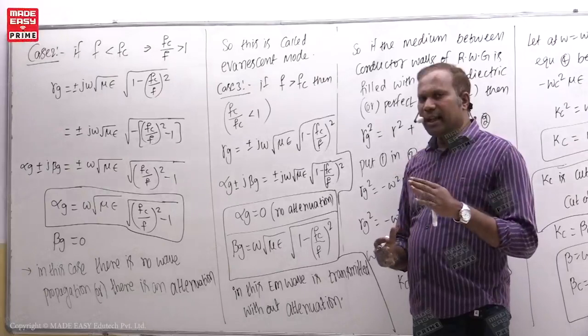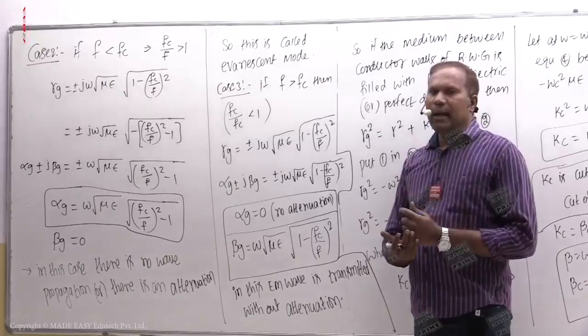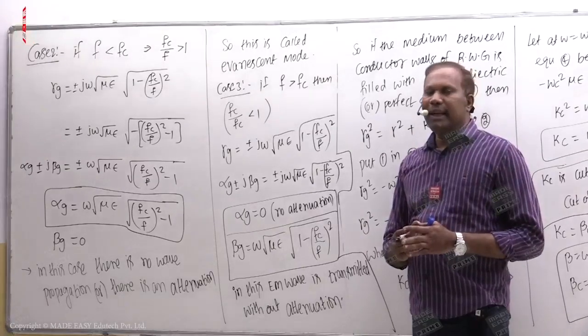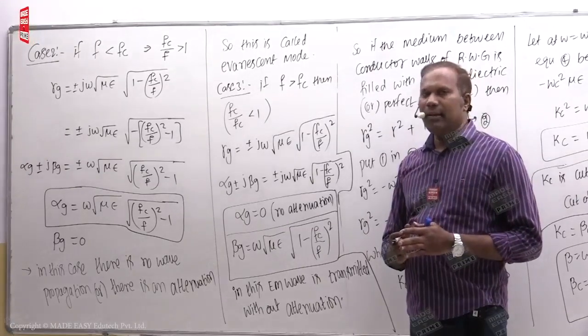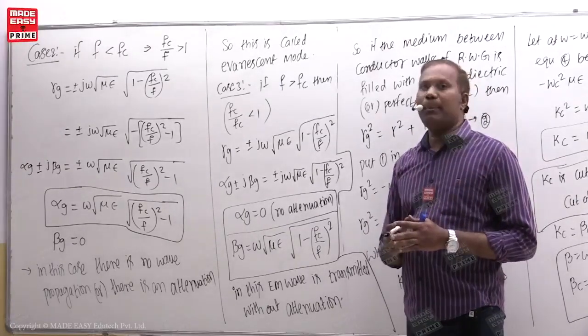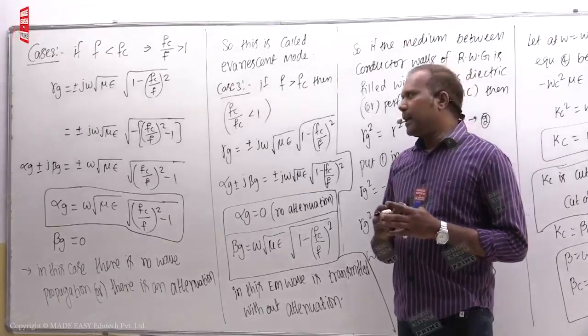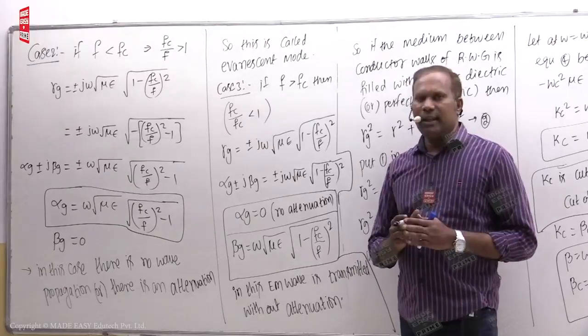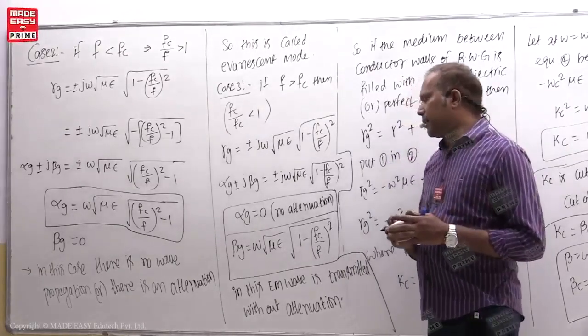If f less than or equal to fc, then alpha is present, because of attenuation, signal cannot be transmitted in the waveguide. That is why I told you it is high pass filter. It can transmit the signal only if f greater than some cutoff frequency. So that is why it's called high pass filter.